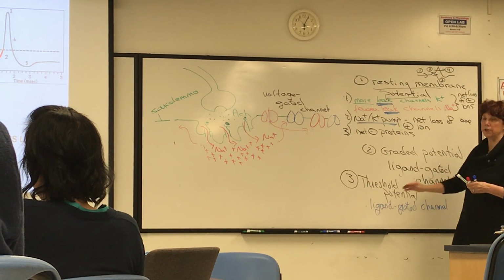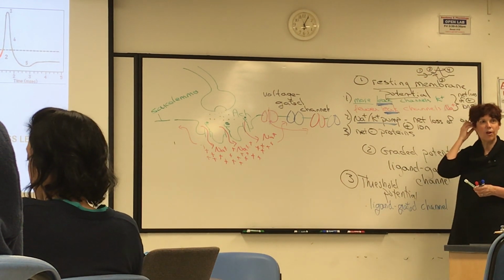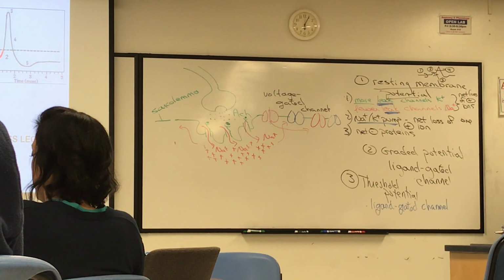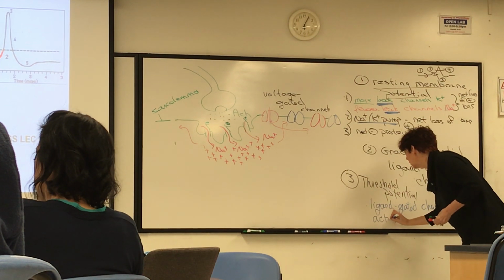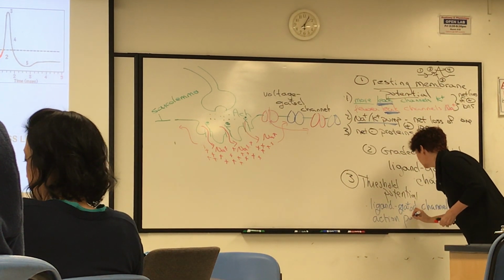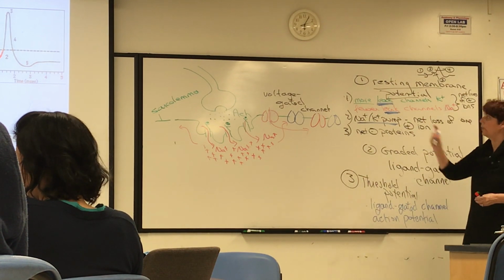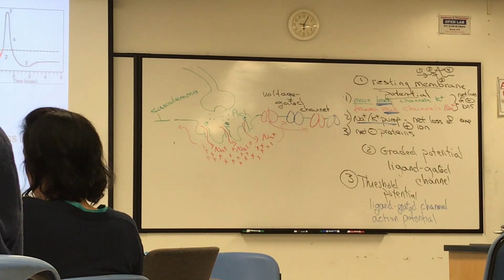So the threshold potential can be reached either because of the graded potential being high enough, or farther down the muscle cell or the axon, it will open because of an action potential. And the action potentials are always strong enough to open voltage-gated channels. Okay, that's the way they're set up.